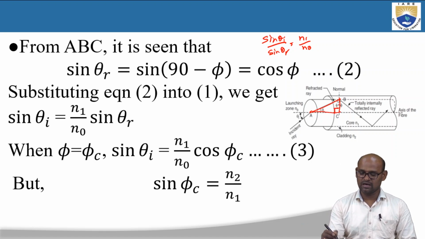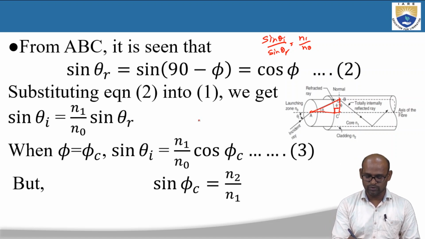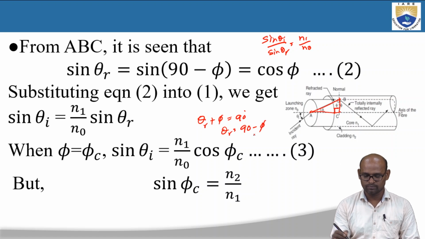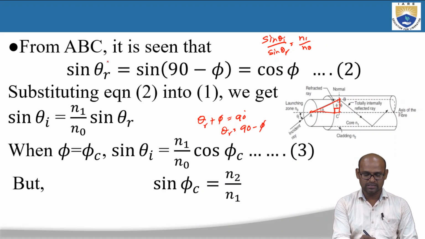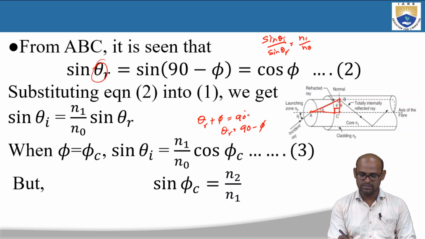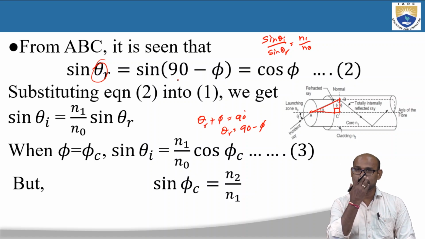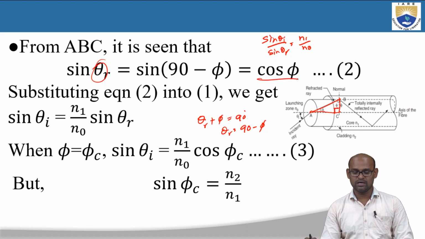So theta r plus phi must be 90 degrees, or theta r is equal to 90 minus phi. In the theta r place I substitute this: sin theta r is equal to sin of 90 minus phi, which is cos phi.